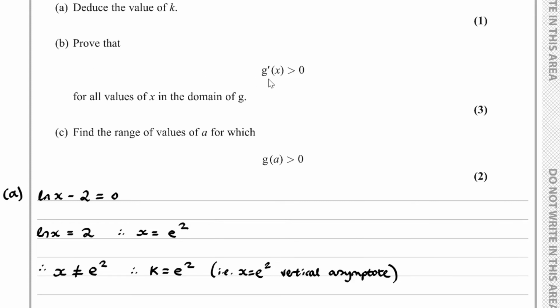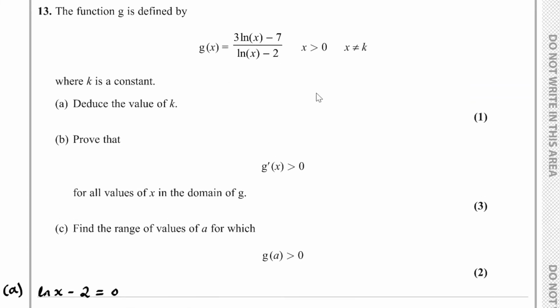And now for part b, we have to prove that g dash of x is greater than 0 for all values of x in the domain of g. So the fact that we've got a g dash suggests to us we need to differentiate. So we need to differentiate this rational function, and we can do that using the quotient rule.